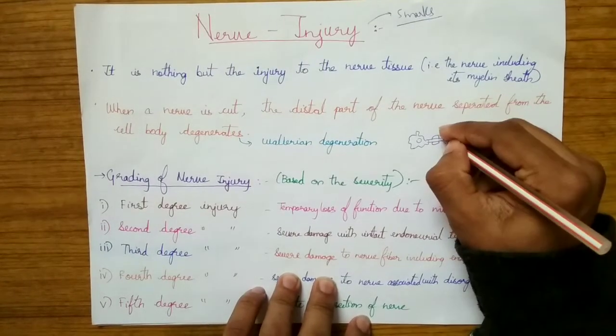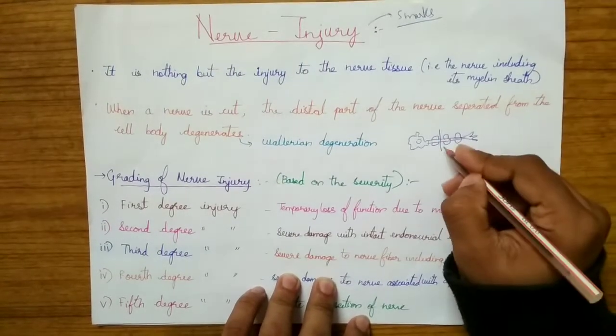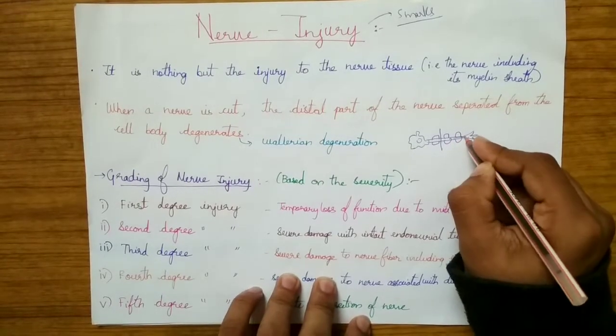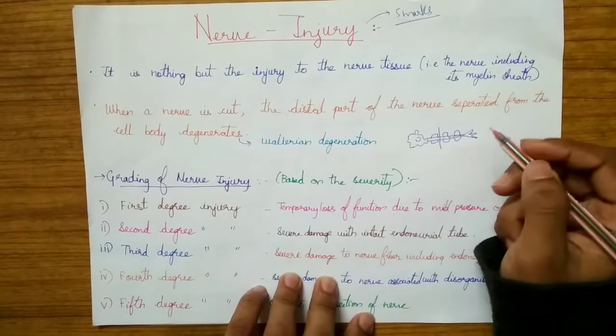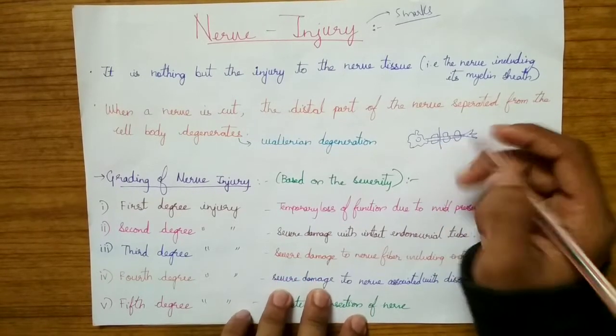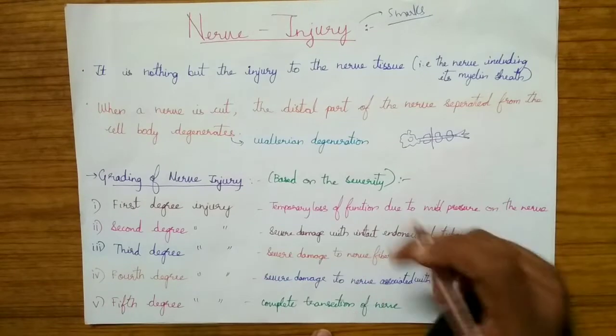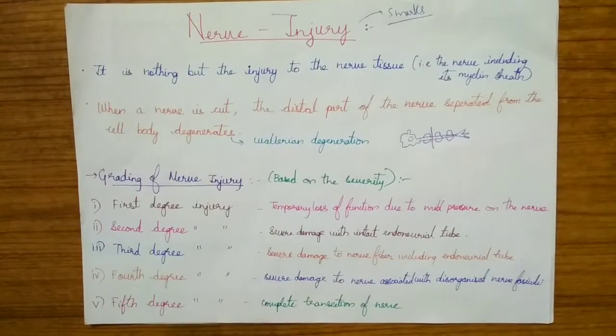So when the nerve is cut here, suppose the distal portion degenerates and this portion survives and may again regenerate if the condition persists. So this degeneration is called Wallerian degeneration.